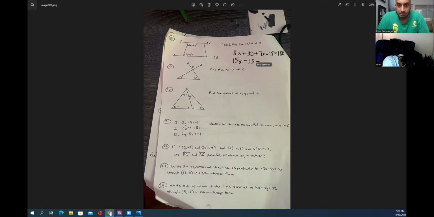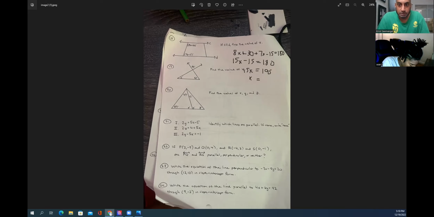So 15x minus 15 equals 180. Therefore, 15x equals 195? Therefore, x is what? 195 divided by 15. I got positive 15.